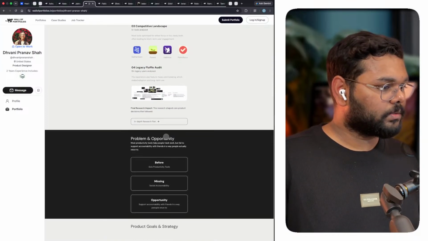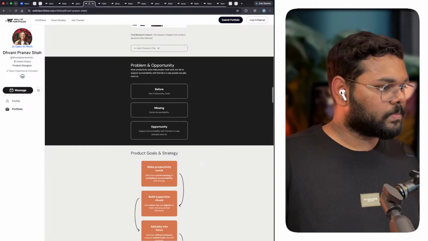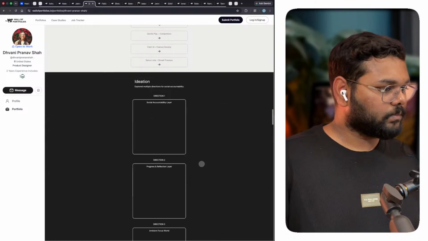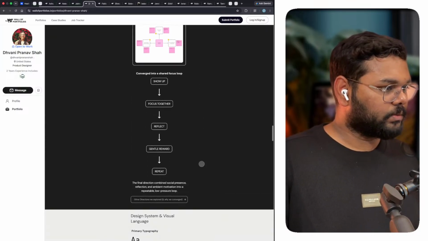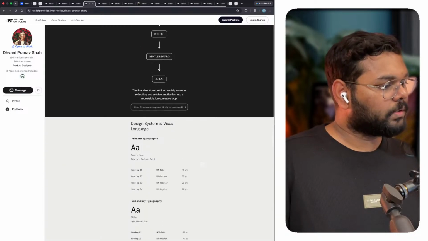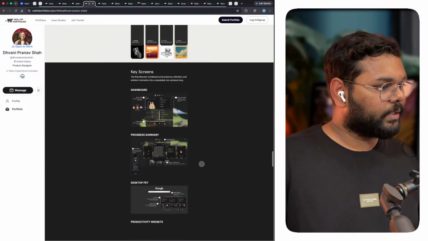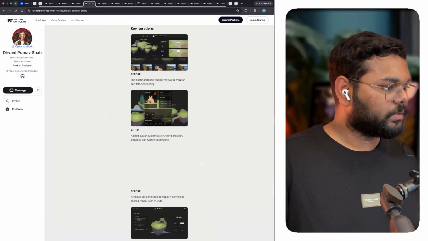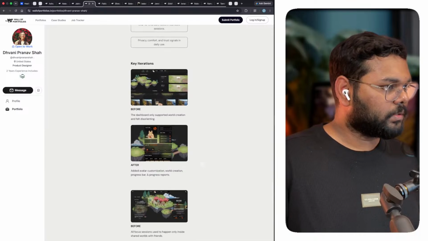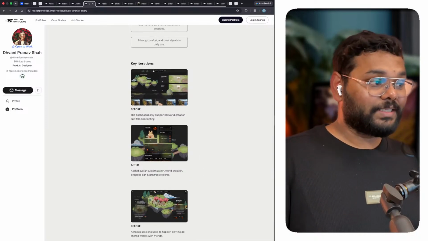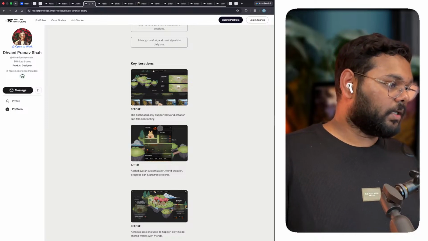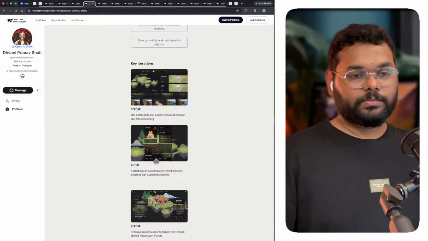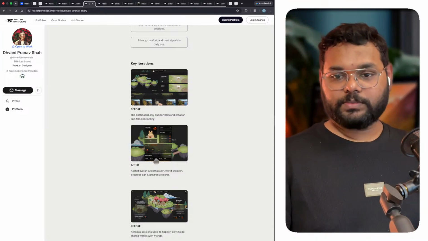Okay, problem, ideation, UI, key screens. Okay, so before and after. Okay, this is good. This part is really good. So whenever you are showing something which you improved, then you can show before and after. It's really a good point.